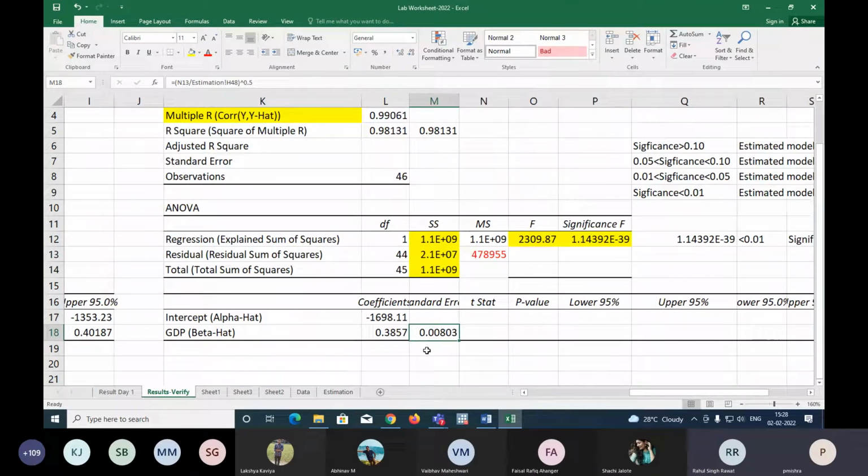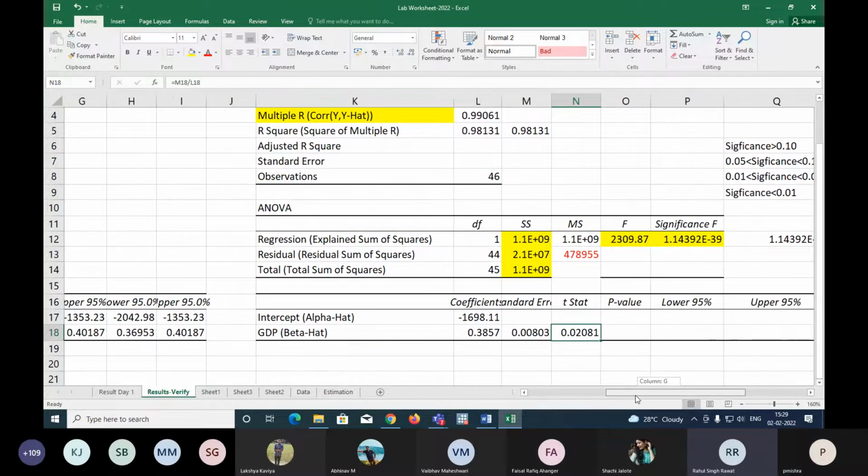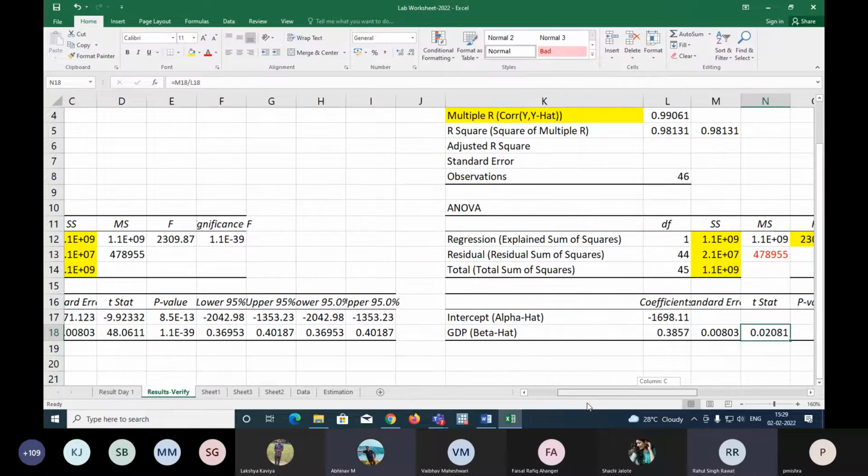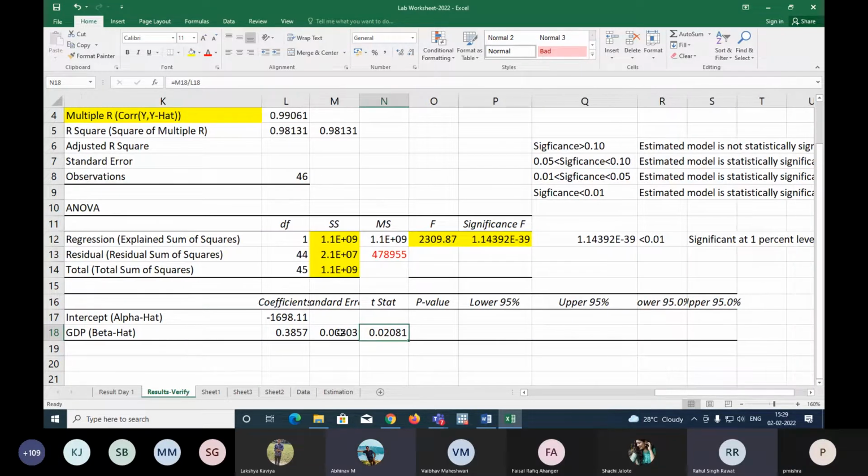Is it okay? Now what about T-stat? T-stat is basically this divided by this one. Coefficient divided by standard error. Sir, I'm confused. Like standard error, you just took it as that summation y square by n minus 2.